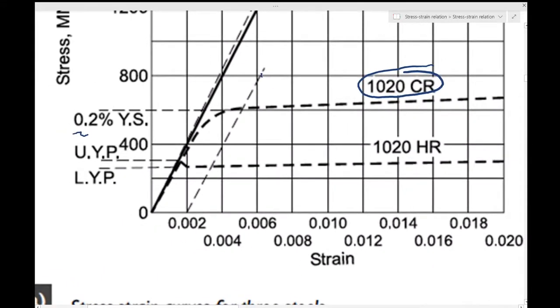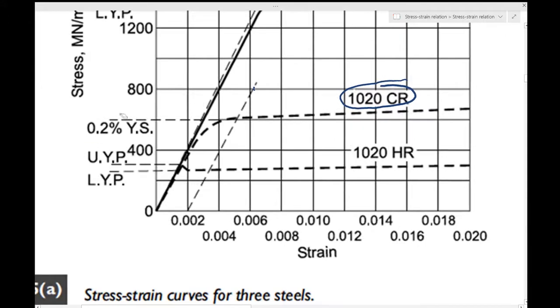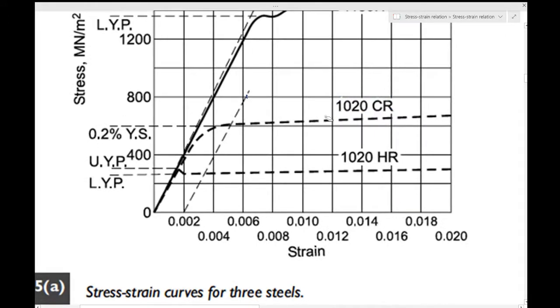So we are referring to a material which is a 1020 HR. For these kind of materials, the plastic deformation begins abruptly, resulting in an increase of strain with no increase or perhaps even a decrease in stress.